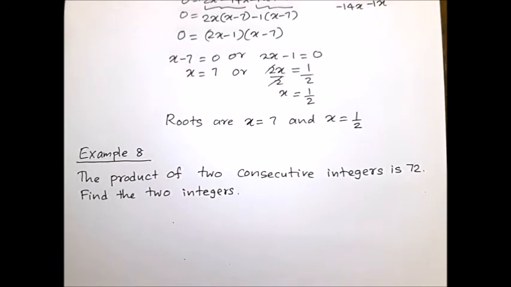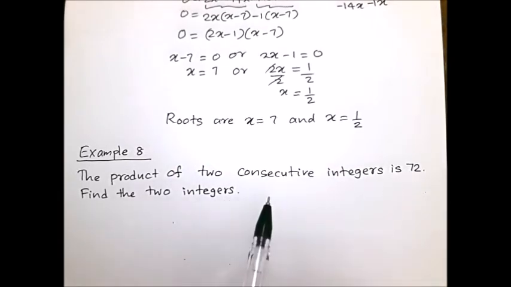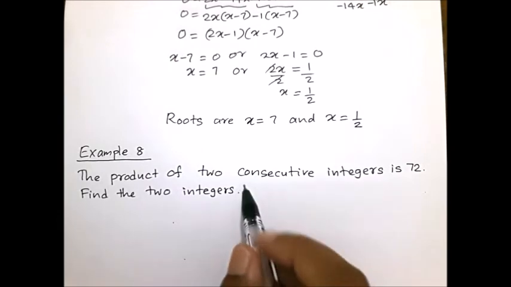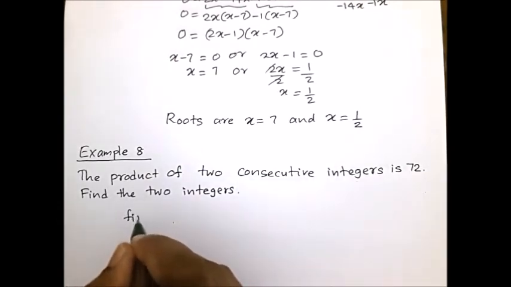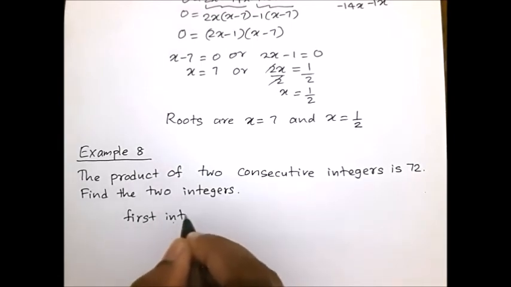Let's start the 8th example. The product of two consecutive integers is 72. Find the two integers. First you have to build up a quadratic equation. Then by solving that quadratic equation you can find these two integers. Two consecutive integers, and take the first integer as x.